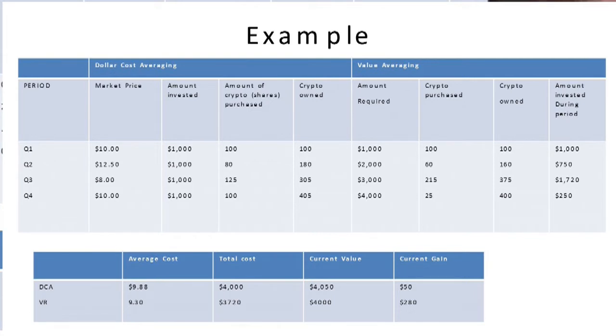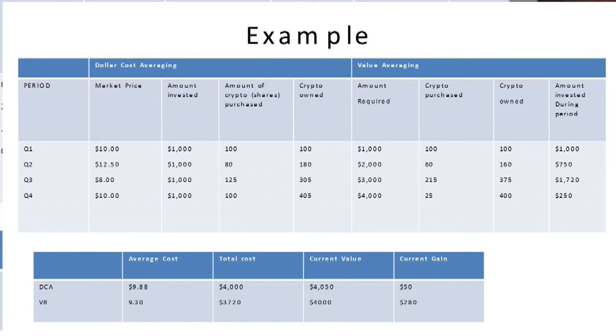That in dollar cost averaging, at a certain average price, someone has made a profit of $50, while someone in value averaging, at a certain price of 9.3, has made a current gain of $280.